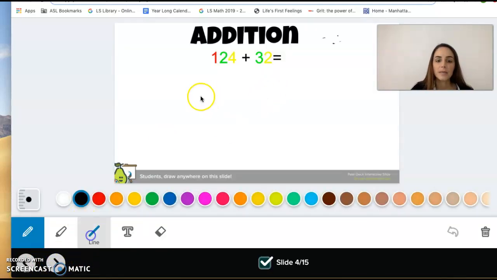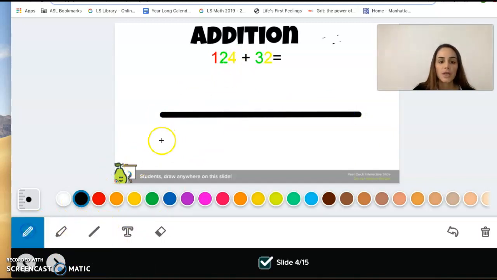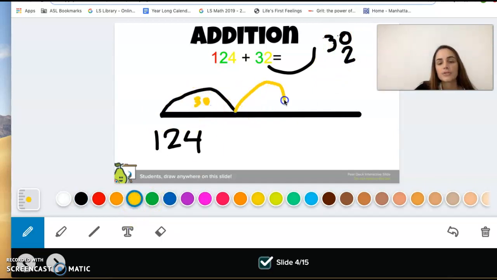Okay, this time I'm going to use the number line strategy, counting up using the number line. In addition, I need to start with the higher number, and then this one, I'm going to decompose it into tens and ones. So I'm going to make jumps. 30 plus 2, using the numbers that I use here. So 124 plus 30 equals 154, plus 2, 156.